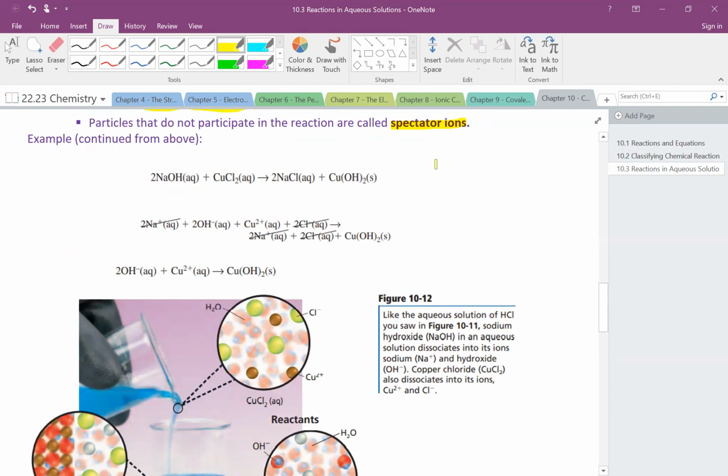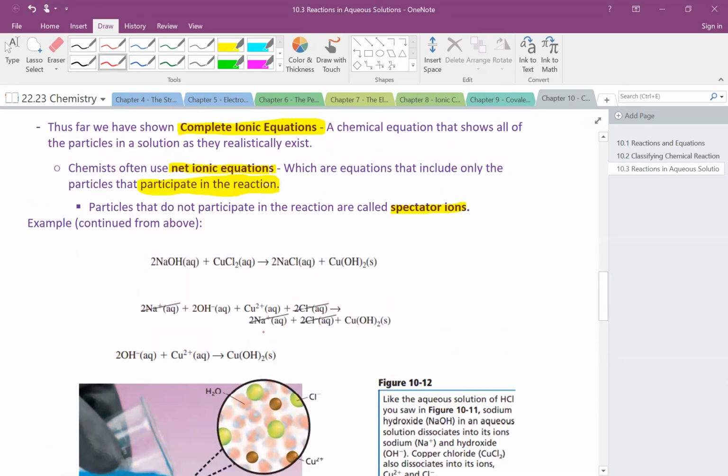You can see when I break this down from my complete chemical equation, this one up here is what you would call a chemical equation. And then down here, before everything's crossed out, where it shows all of the ions that are in solution, this is your complete ionic equation.